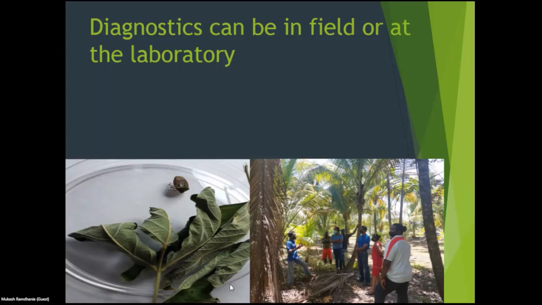To the right, the picture is where you would have the entomologists and other officers from the research division visiting a field, and at that point in time, based on the symptoms and signs that you'll be seeing out in the field, a possible field diagnosis might be given to the farmer together with a strategy to address the problem.